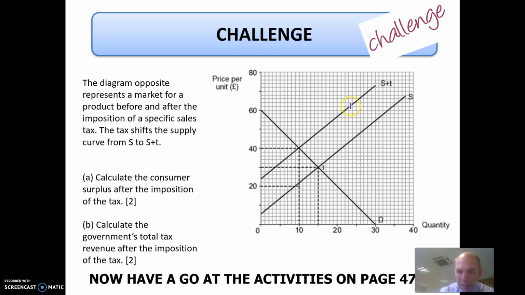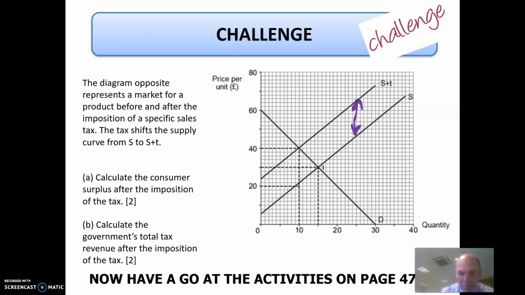Now to work out the tax per unit, you guys should remember, the size of the tax is the vertical distance between the 2 supply curves. Really important. Look at what's happening. To work that out, you're going to have to calculate all of the little boxes.